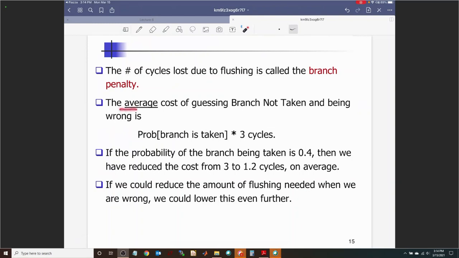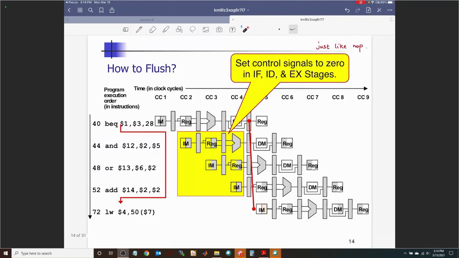The average cost of guessing branch not taken and being wrong is the probability that the branch is taken multiplied by 3 cycles. Now, why is it 3 cycles? Because it matters for 3 instructions after that. In other words, that number 3 is coming based on when you make that decision in clock cycle 4 and the instruction that is just entering clock cycle 1.